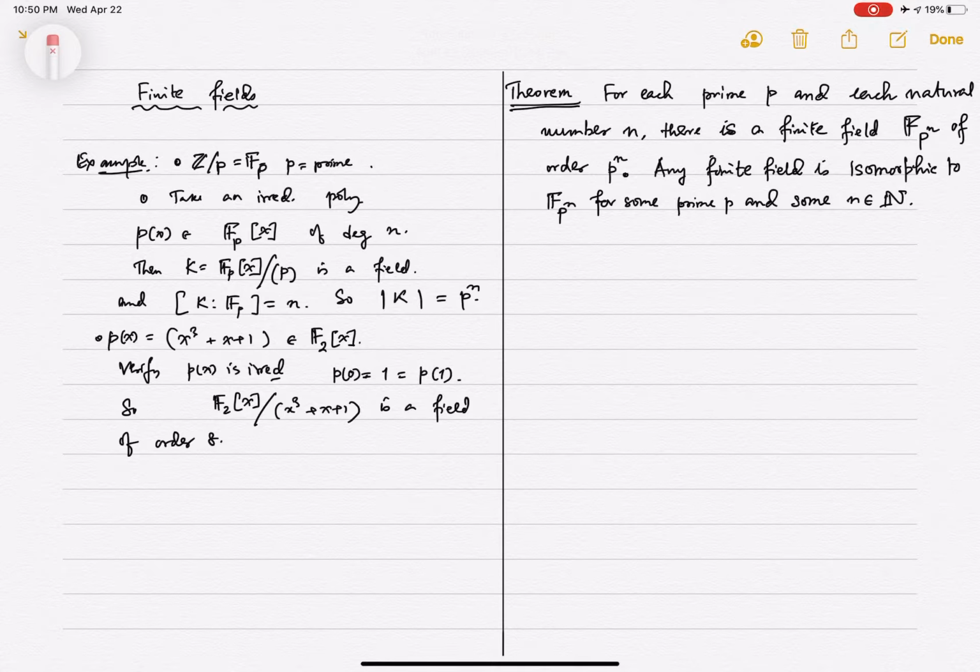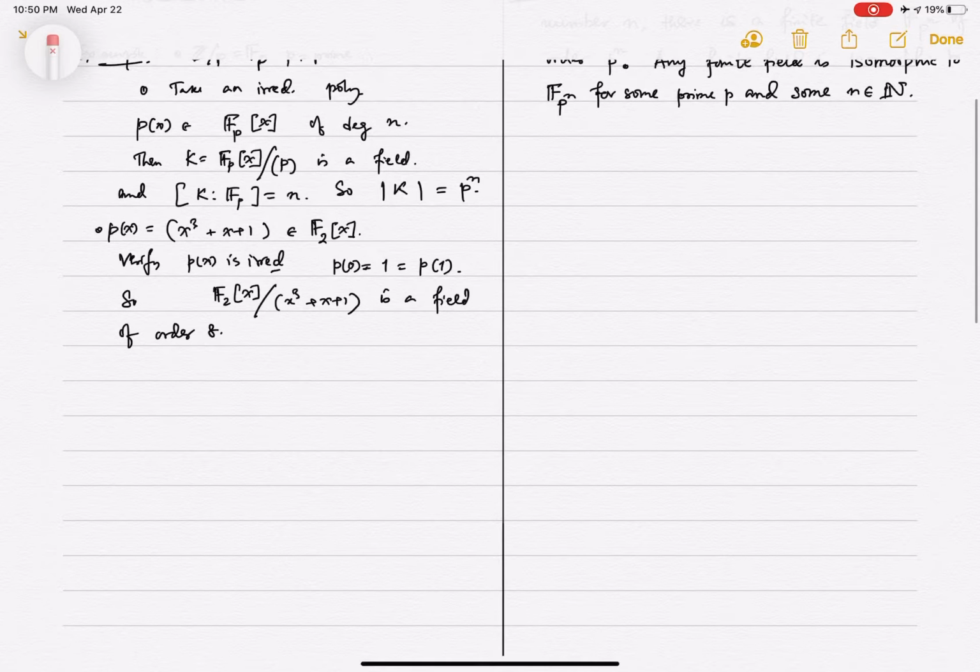So proving this theorem would require a little bit of preparation. So I'm going to talk about a couple of things. One is the characteristic of a field, which we haven't gotten into. Maybe I defined it at some point.